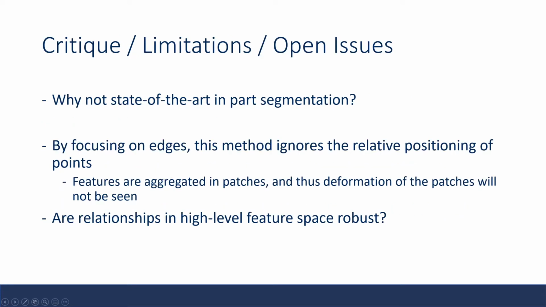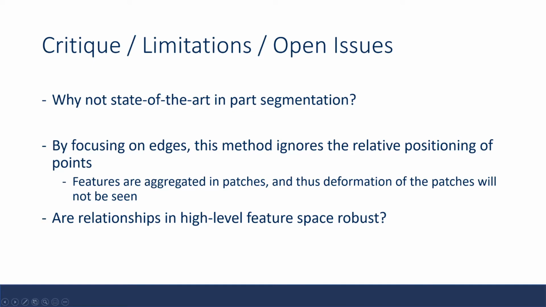Some critiques or limitations. The explanation of why the state-of-the-art is not achieved in the part segmentation is not clear, although we can probably guess that this has to do with the small model size compared to what the other models might be using. By focusing on edges, though, one clear limitation is that the relative positioning of the points themselves is sort of ignored or lost.